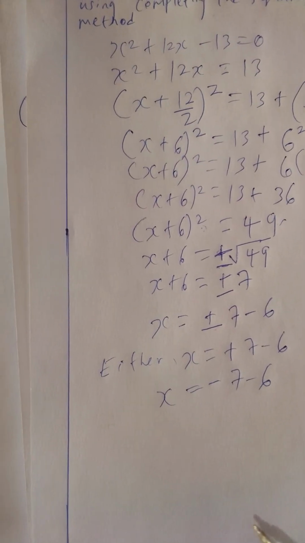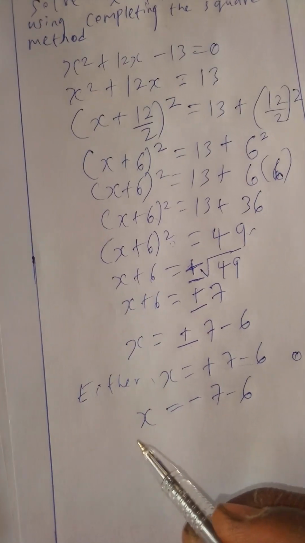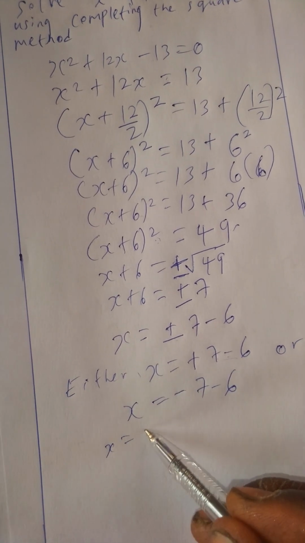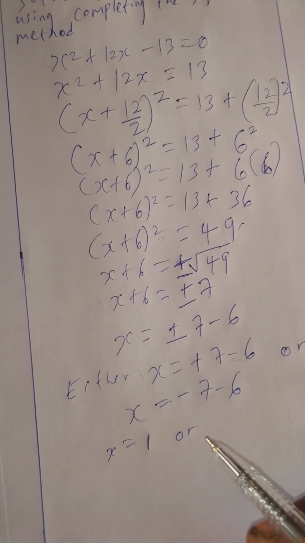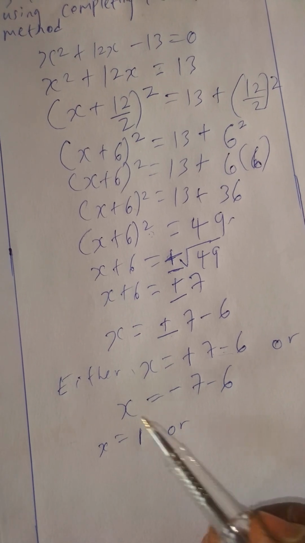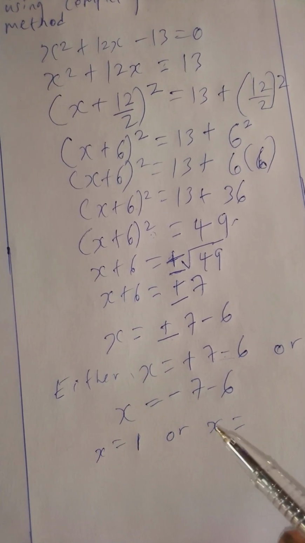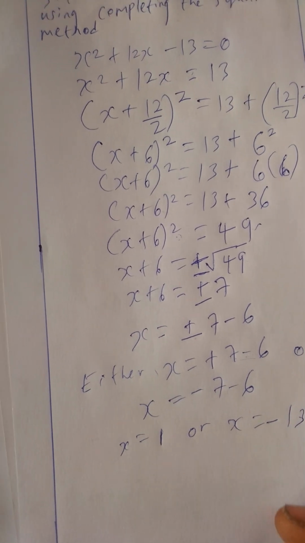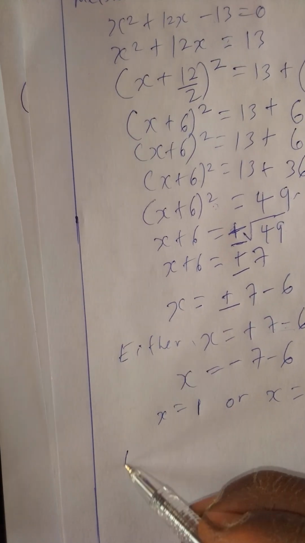Are you following? So from here we have x equals to 7 minus 6, which is 1, or x equals to minus 7 minus 6, which is minus 13.